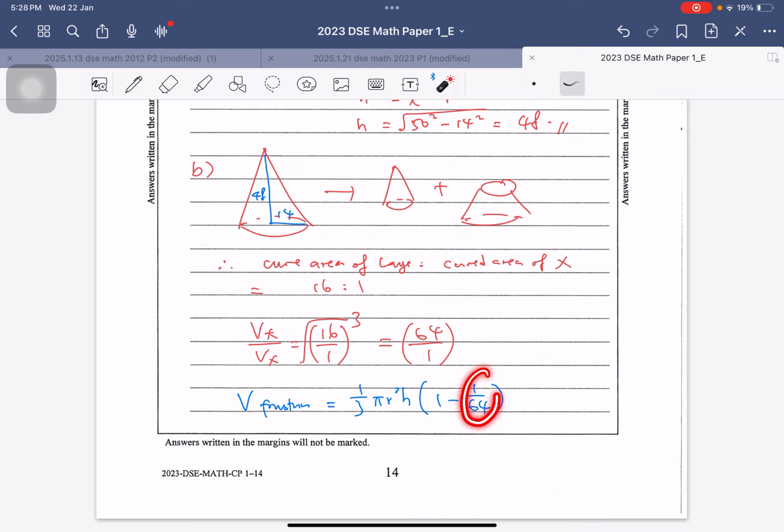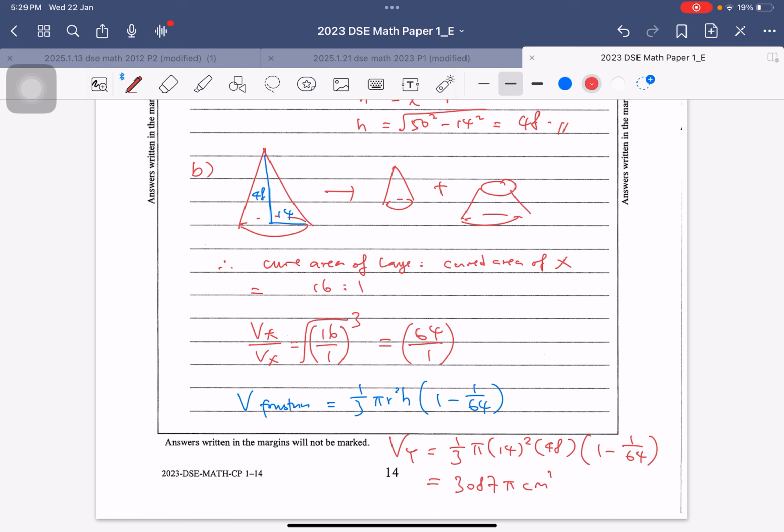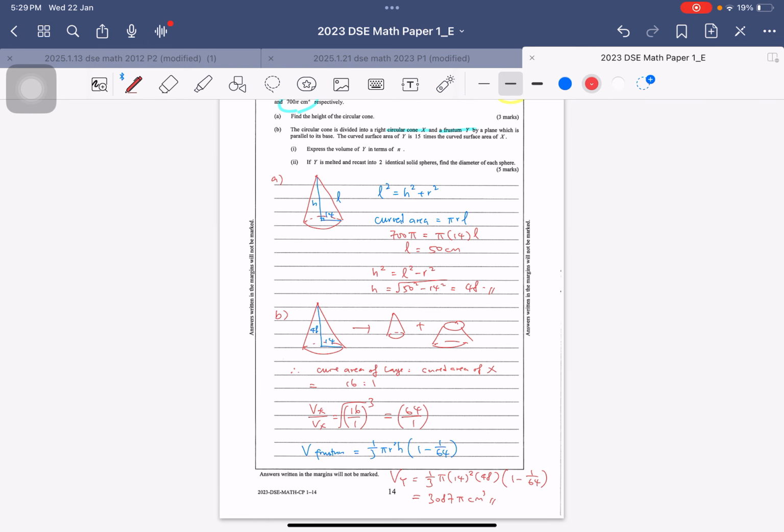So this is the total volume minus the smaller volume. Then we substitute our answers in, we have the volume of Y, the frustum, equal to 1 over 3 pi times the radius 14 squared, the height 48, times 1 minus 1 over 64. Then giving you the final answer, which is equal to 3087 pi cm cubed. So that's for part B1.